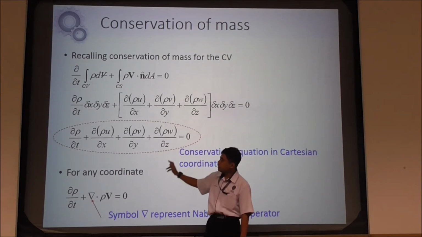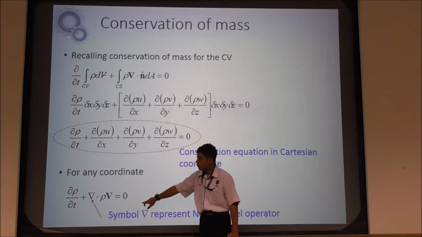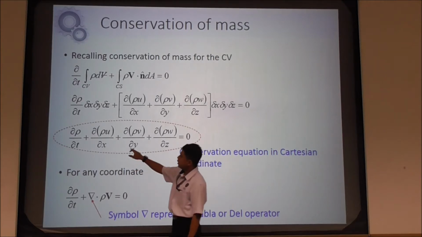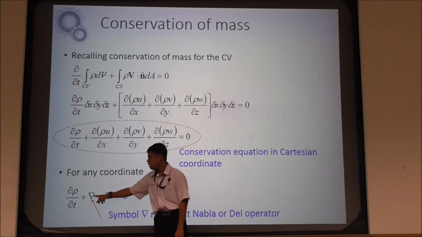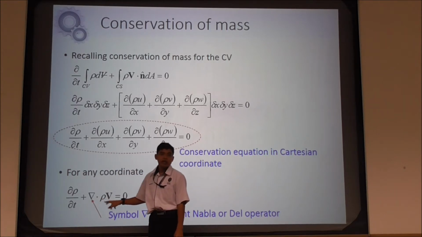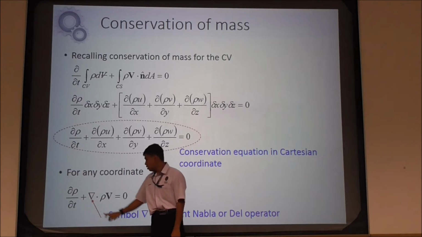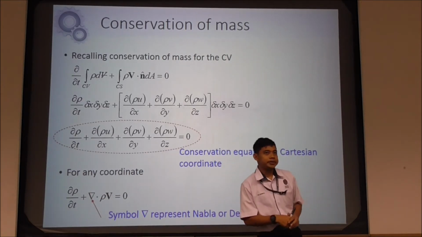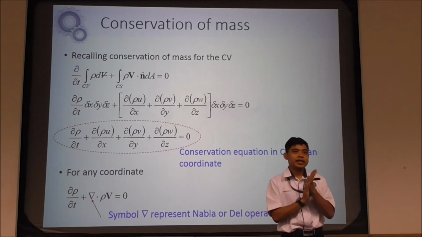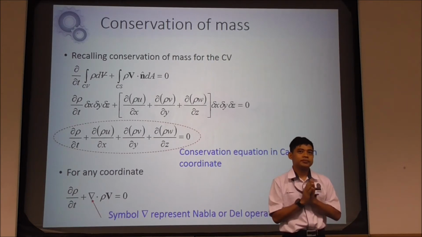But this one is not necessarily only applicable for Cartesian. You can take a general term, and this one is for any coordinate. This becomes d rho dt, and this one becomes del dot rho phi. This is called the del operator or nabla operator.